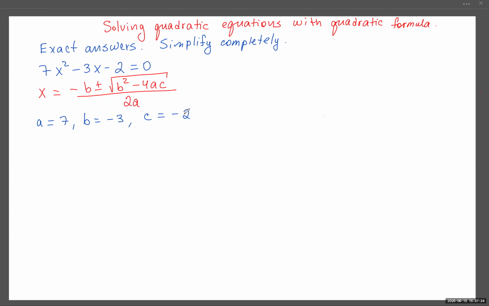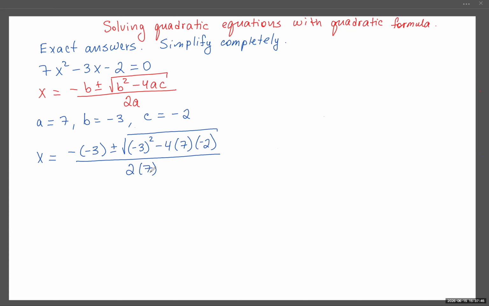We'll go ahead and plug it into the formula itself. x equals minus b, so negative and then a -3, plus or minus square root of -3 squared minus 4 times 7 times -2, all of that divided by 2 times 7.